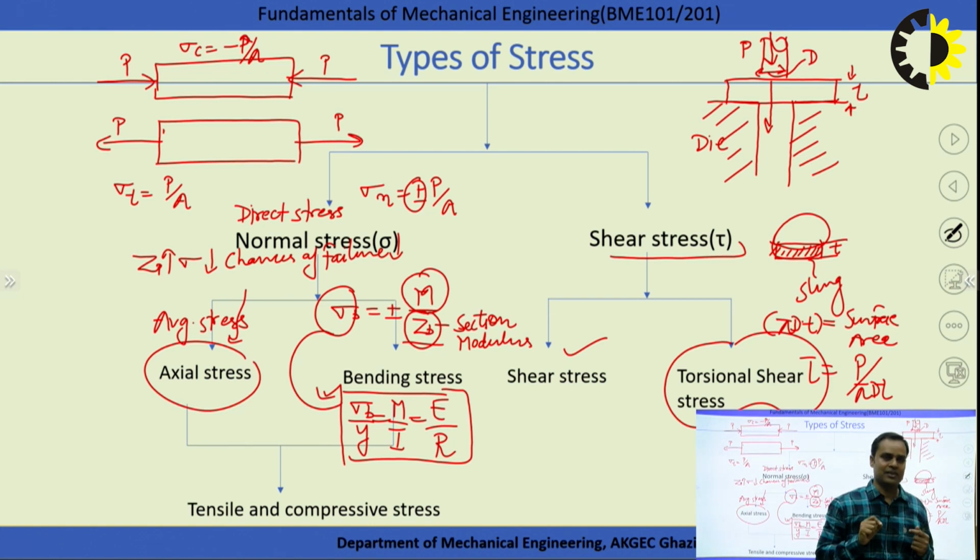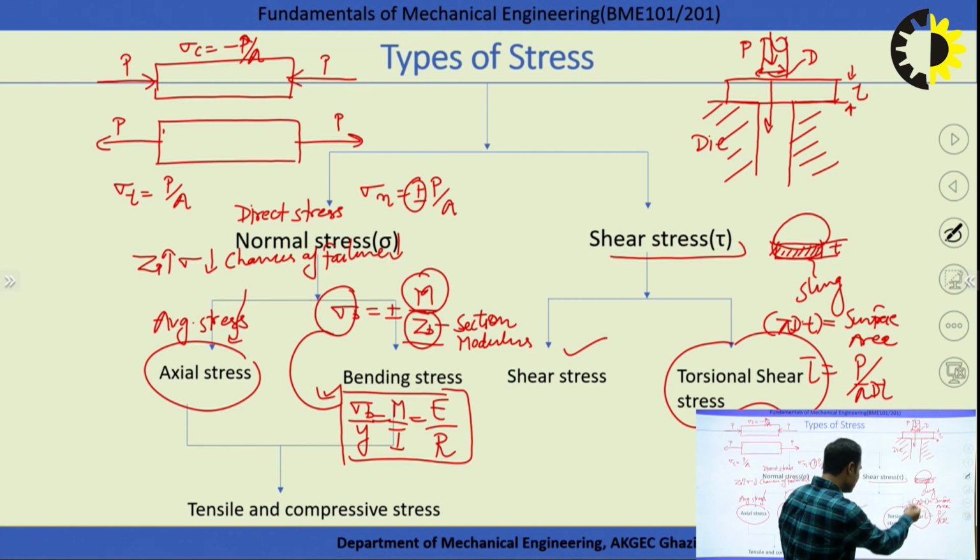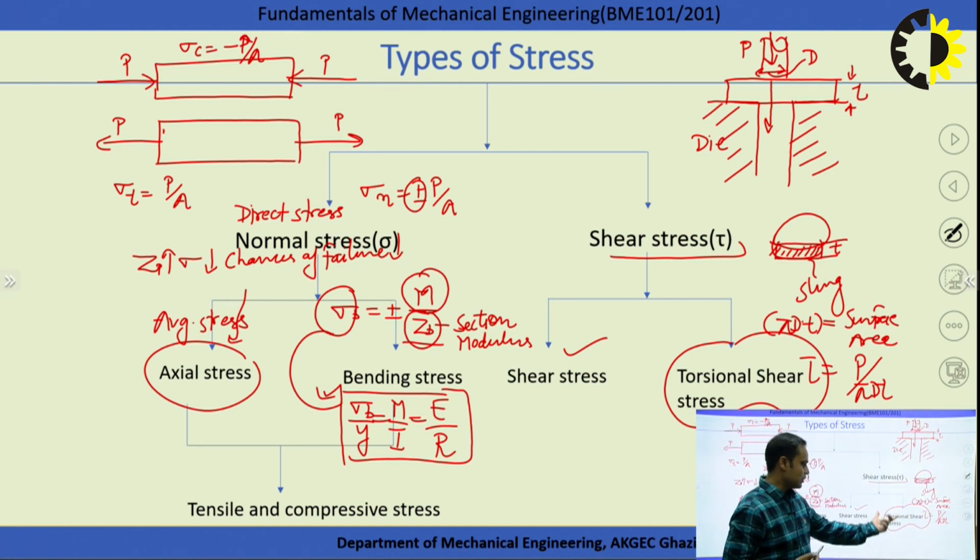In case of an eccentric load, the stress produces shear stress, also bending stress, also twisting stress, torsional stress, right? So that's why this torsional stress is also important.